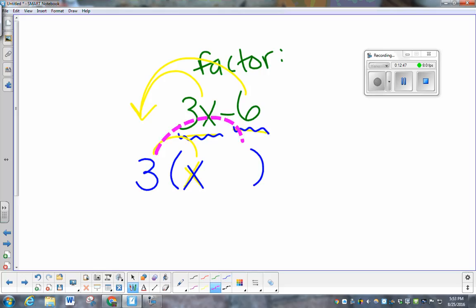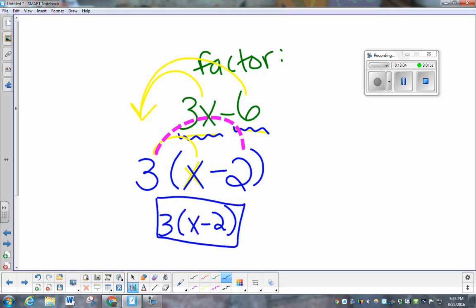What am I going to multiply that 3 by to get negative 6? All right, so 3 times negative 2 is negative 6. So I'm going to put minus 2 here. I'm going to rewrite my answer more neatly. 3 times x minus 2. That's the factored form of our original expanded expression.